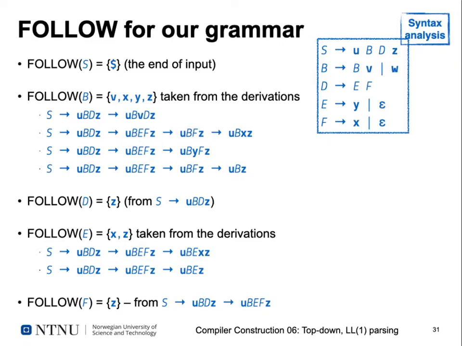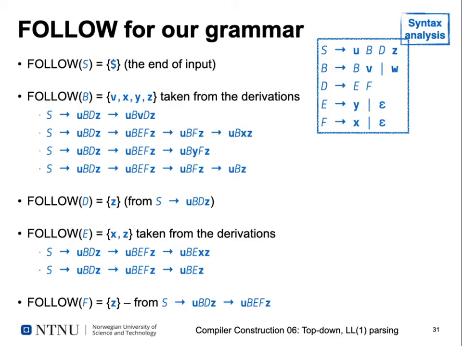Then we can eliminate our E again using the epsilon as we've seen. So we have U, B, F, Z. And then we can resolve our F to an X. So we can finally have U, B, and the resolved D would give us an X, and then our Z at the end. So X is another terminal symbol that can show up after B in such a production here.